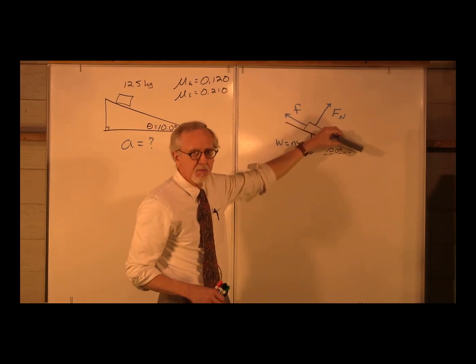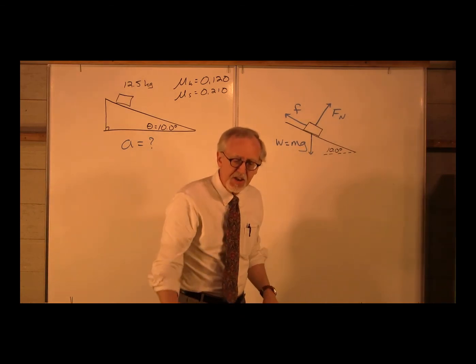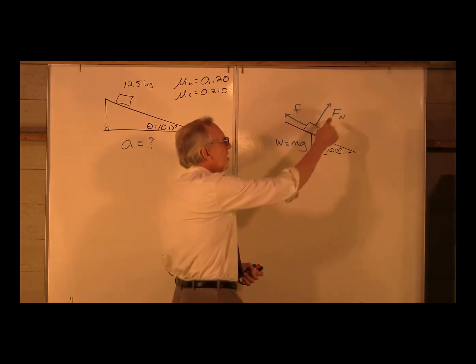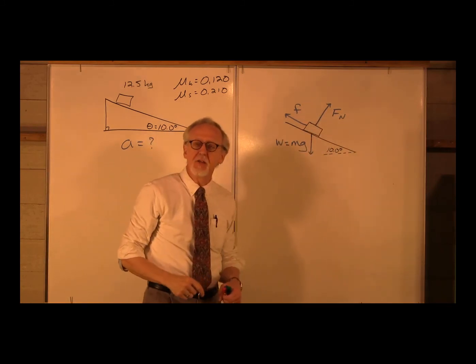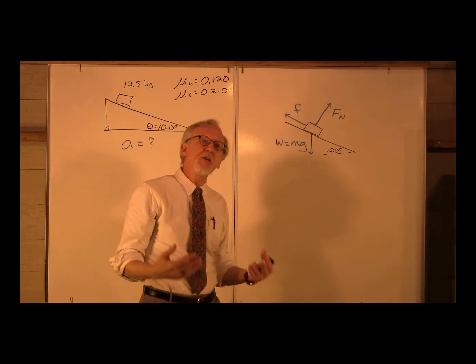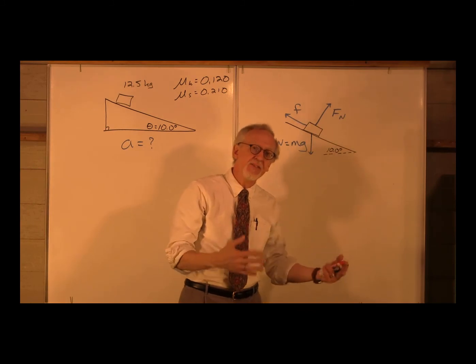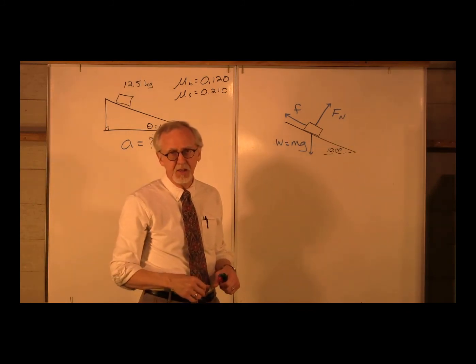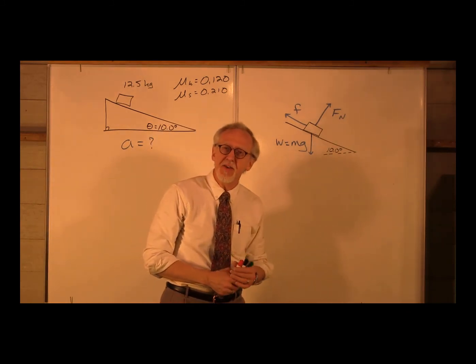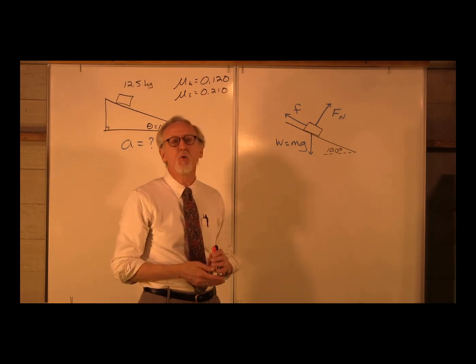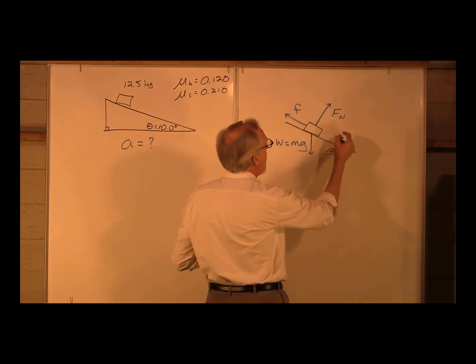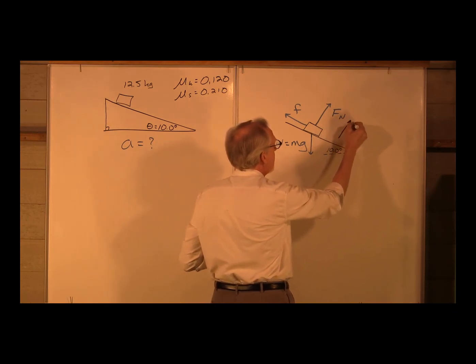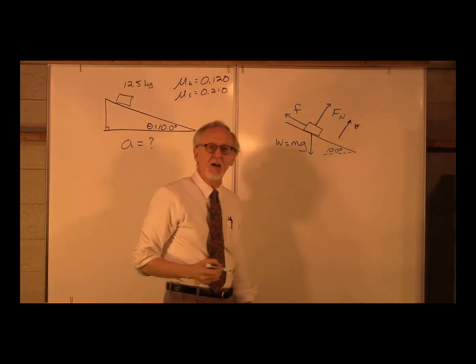along the incline. Well, that tells us that no matter what happens, we know that there is no acceleration in the direction that's perpendicular to the incline, which means we know the net force must be 0 perpendicular to the incline. So let's take advantage of that fact and define one of our coordinate axes in that direction. We'll define our y-axis perpendicular to the incline.